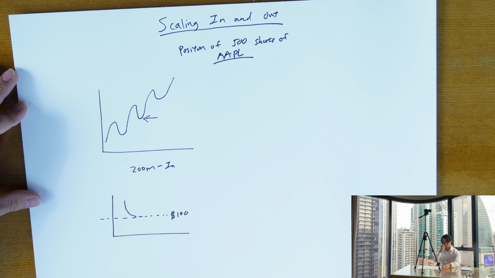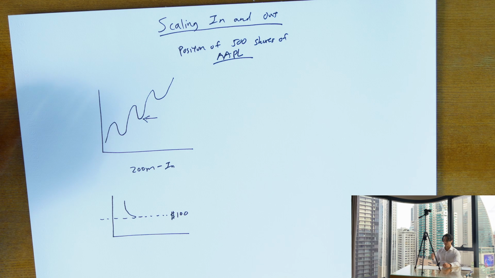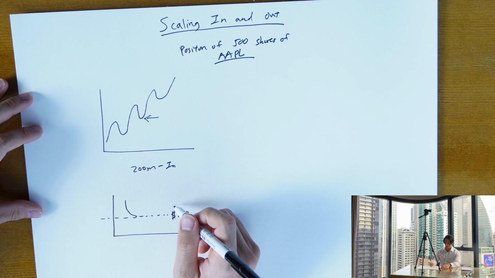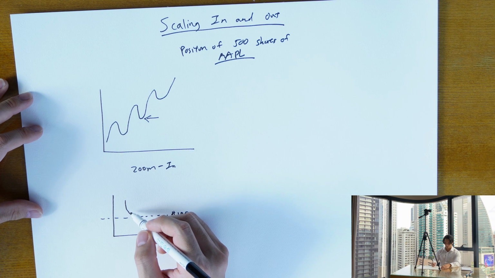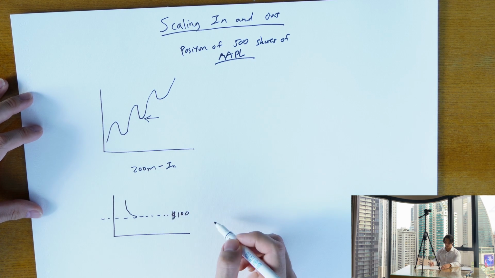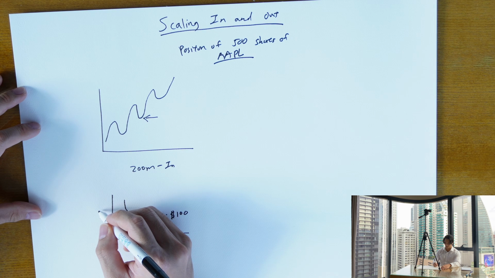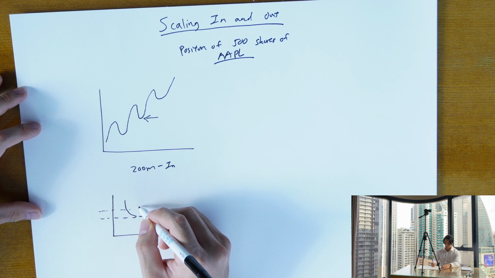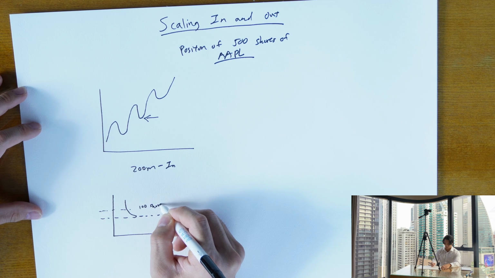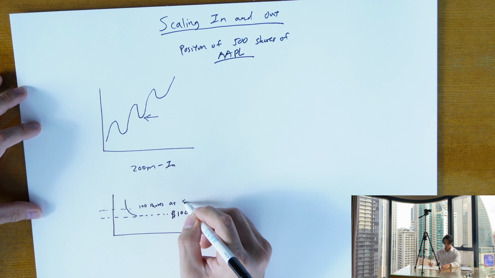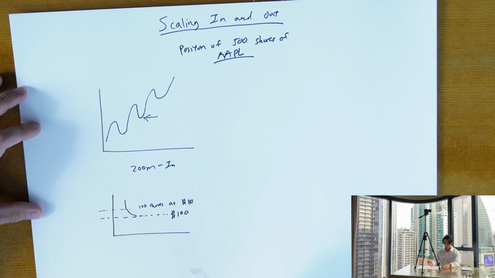What you can do, and what traders do, including myself, is that I begin to scale into the position before the price even hits $100. So what I'll do is I will put a 100 share order at, let's say, $110, right?